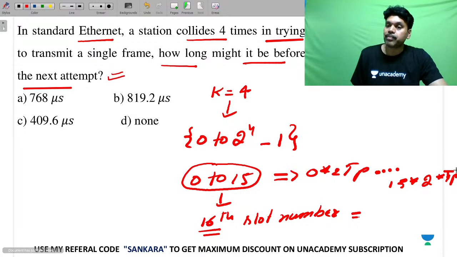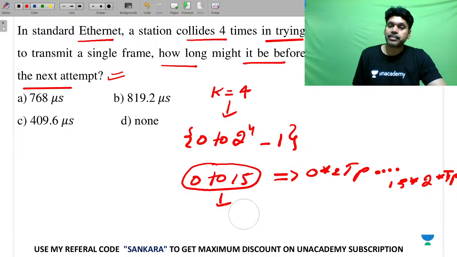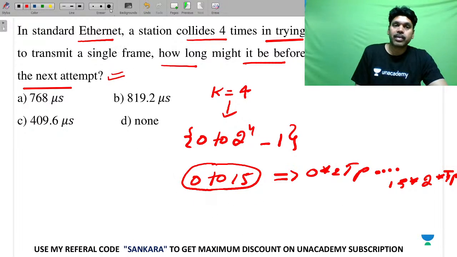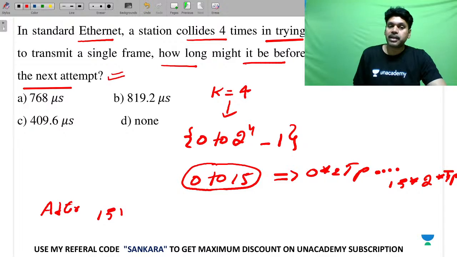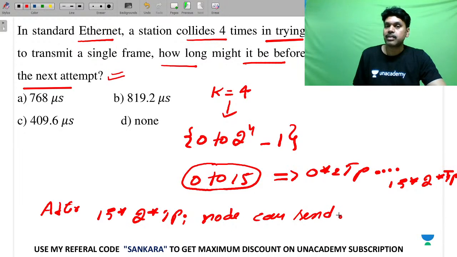After this time, please understand, after the maximum I am taking, after 15 into 2 into TP, a node can send. So standard Ethernet means 51.2 microseconds. That's your answer.